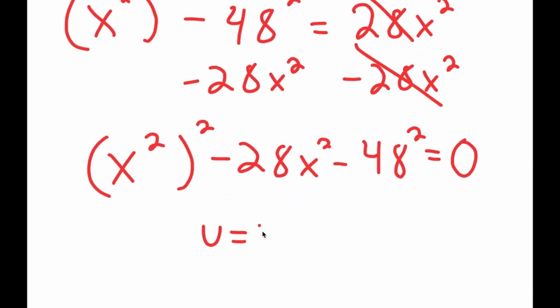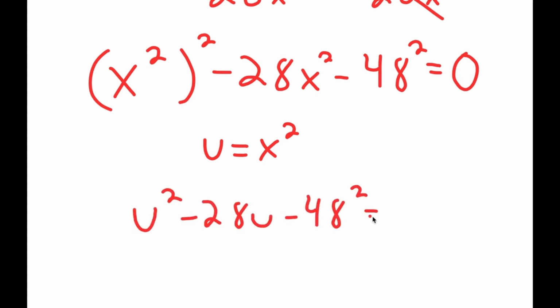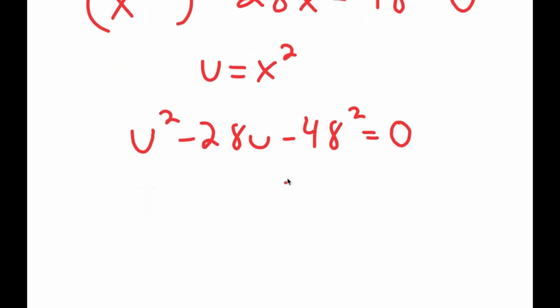Now I'm going to set u equal to x squared. So I get u squared minus 28u minus 48 squared is equal to 0. And now I can solve this by completing the square. So I'm going to add 48 squared back.